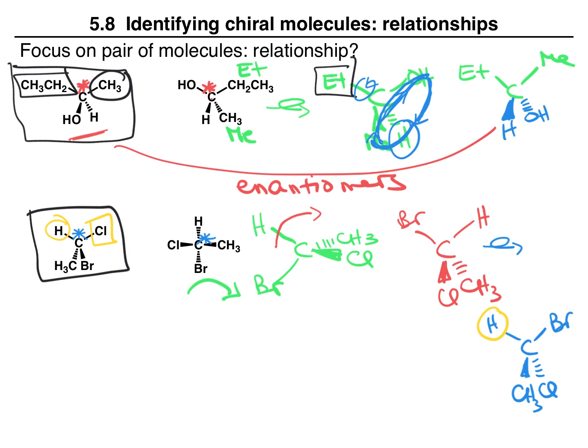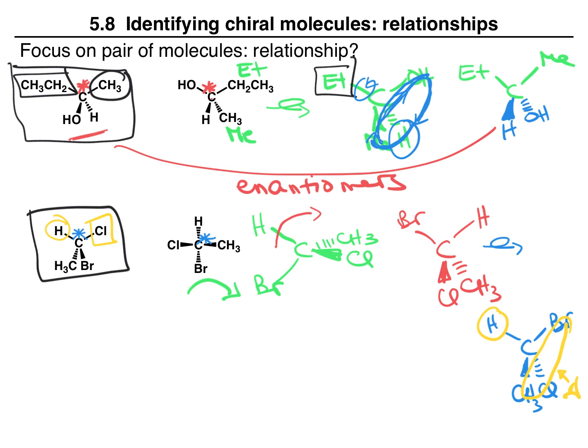So once again, let's think of this as a steering wheel. We're going to be looking at it from over here, right? And so we have our steering wheel and bromine is at the top of the clock. Chlorine would be at about 4 o'clock and methyl would be at about 7 o'clock.